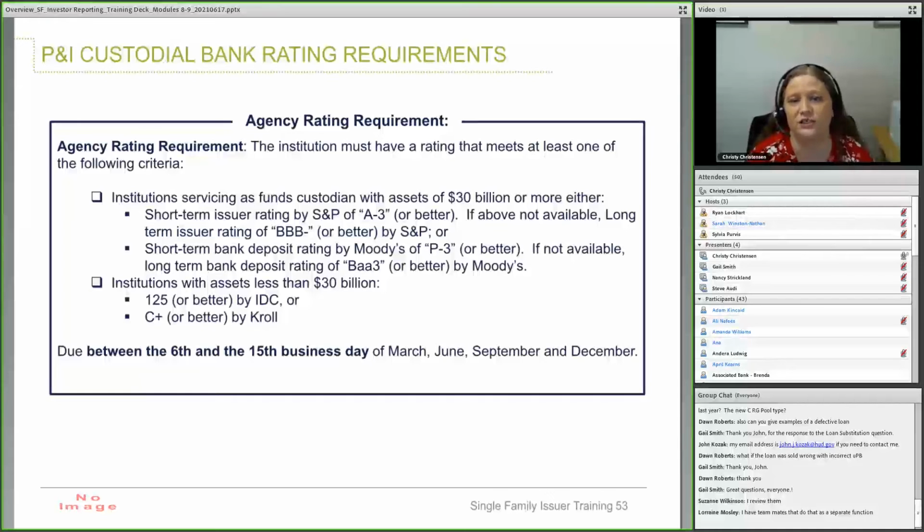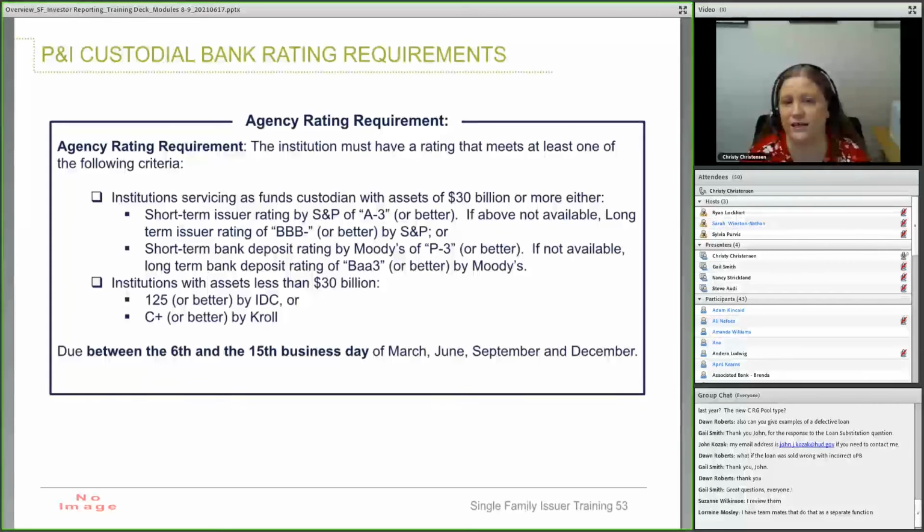Institutions serving as funds custodian with assets of $30 billion or more must have a short-term rating by S&P of A3 or better, a long-term by S&P of BBB or better, short-term bank deposit ratings by Moody's of P3 or better, or a long-term bank deposit rating by Moody's of Baa3 or better.